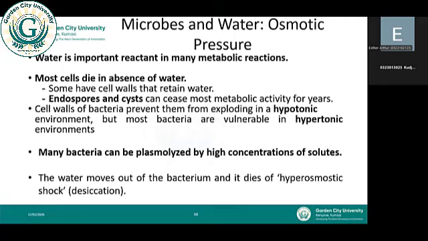Hypo means less. Tonic means solute. It has less solute than water outside. So if it's a hypotonic environment, that means you have more water than what you have inside the cell. And water will move towards the inside.